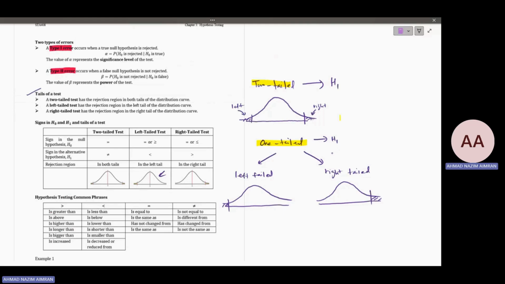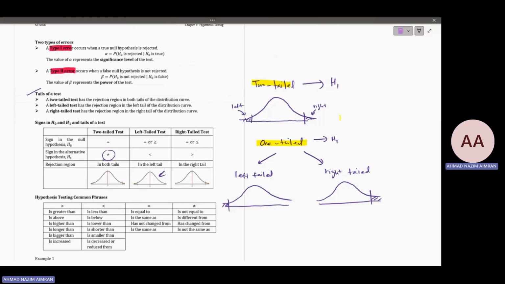Now, if our alternative hypothesis is not equal to, it means that we want to test whether the CGPA of male and female students is different.